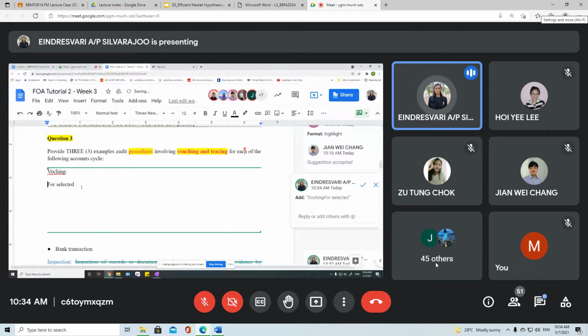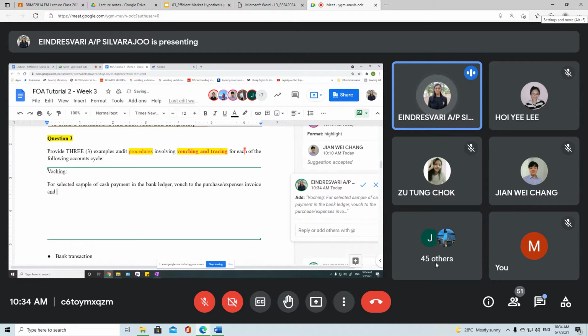For vouching, for example, for a selected sample of cash payments in the bank ledger, vouch to the purchase or expenses invoice and goods delivery note to ensure the transaction had taken place.